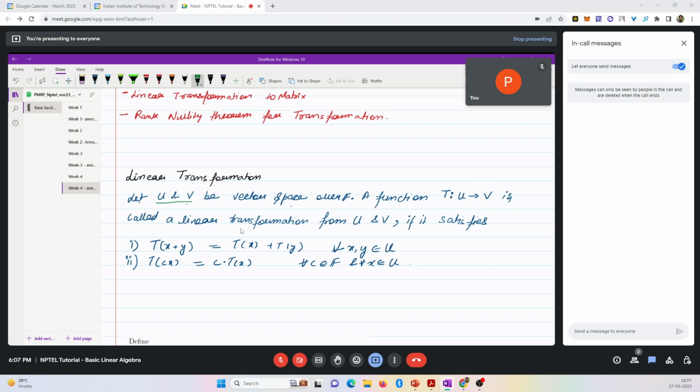Given two vector spaces U and V, a linear transformation is a function from the space U to V satisfying the following two properties. First, if you take the map of x plus y, it splits, that is, T of x plus y is equal to T of x plus T of y. The second property is, if you multiply a vector x by a scalar c, then you can take that c out. This is called the homogeneity property.